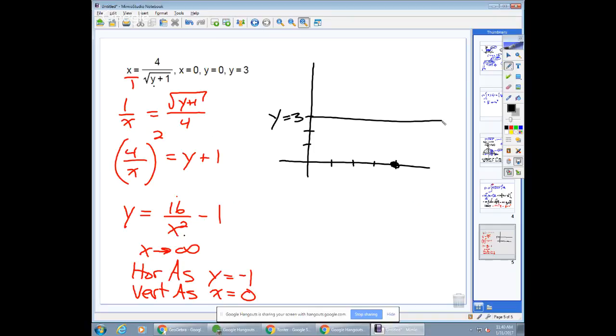So if I plug in 3 for y, 3 plus 1 is 4, square root of 4 is 2, 4 over 2 is 2. So it looks like I have the point (2, 3) on this graph. I think that's enough. The graph looks something like that. For fun, down here you could make a note that there is a horizontal asymptote that this thing is heading toward from above.